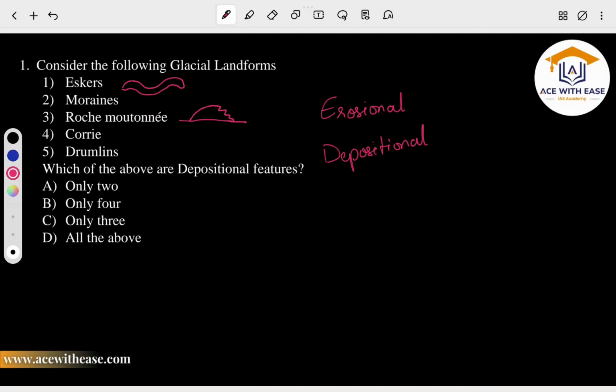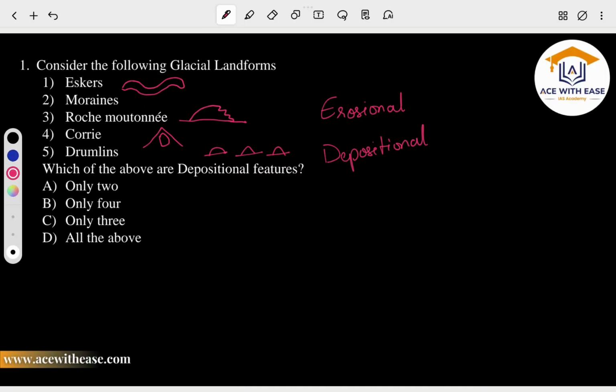Whereas kori is an erosional landform where, when the glacier has been moving, a saucer-shaped depression has been formed. Whereas drumlins are small depositional landforms.